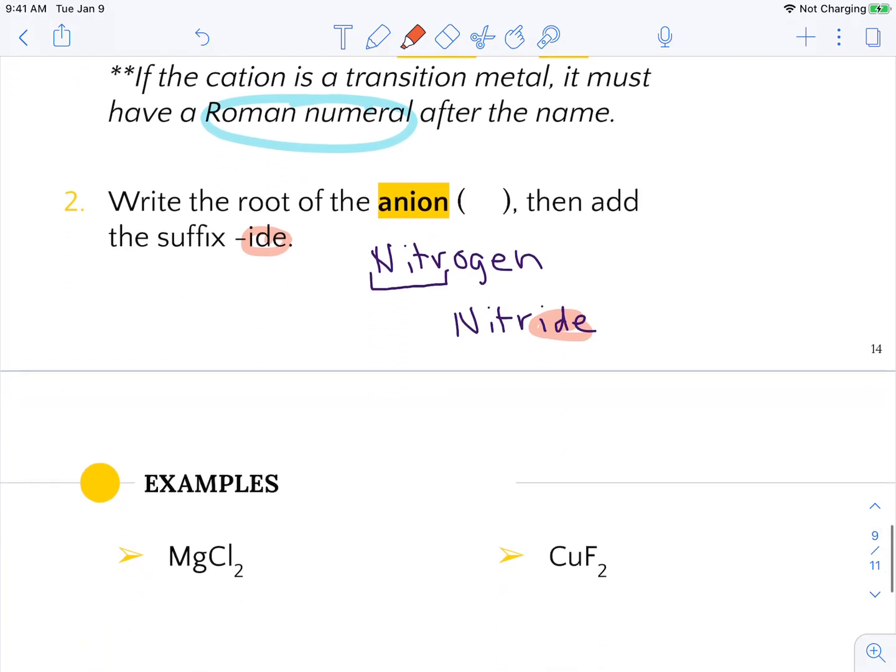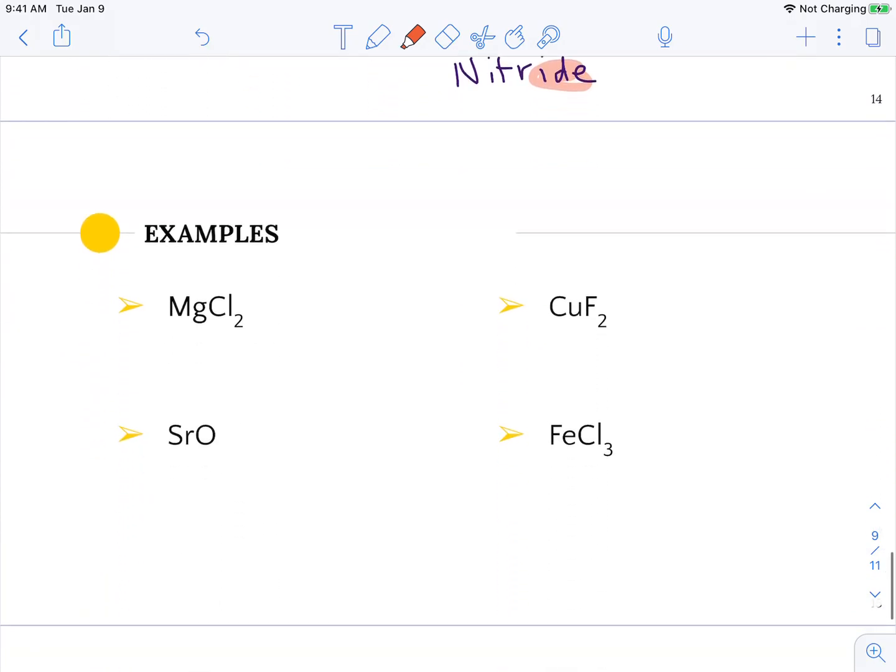So let's practice. We've got 4 examples here. We do have a transition metal in here, so I'm going to help you with that one as well. Okay, the first one is magnesium. That's the Mg. So we would write that whole word out.